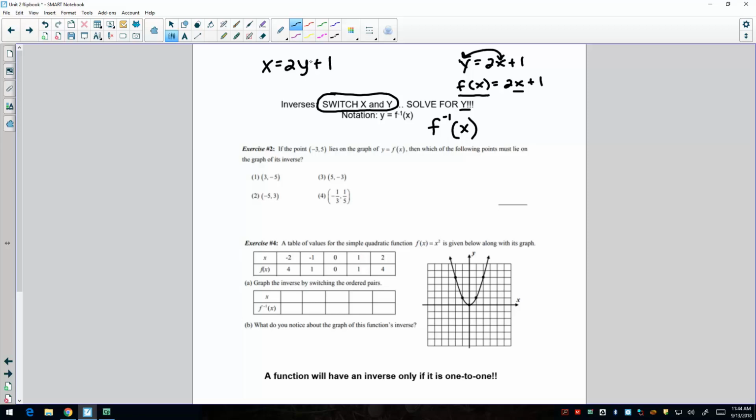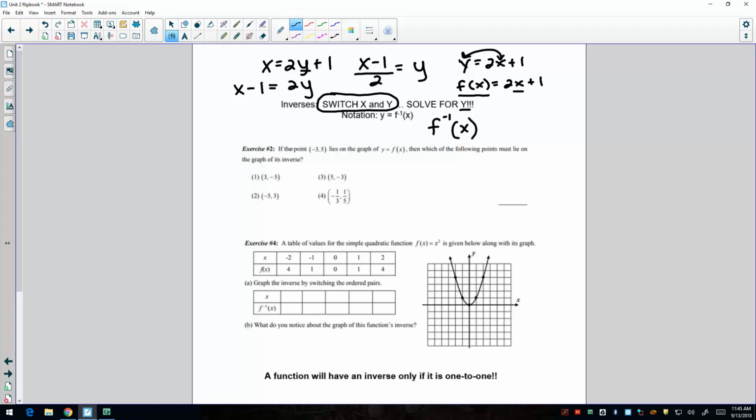Now to figure out the equation of the inverse, you would get y alone. So you would subtract 1 over to the other side, so it would be x minus 1 equals 2y, and then you would divide everything by 2 to get y alone. So it would be x minus 1 all over 2 equals y. That would be the equation of this guy's inverse.